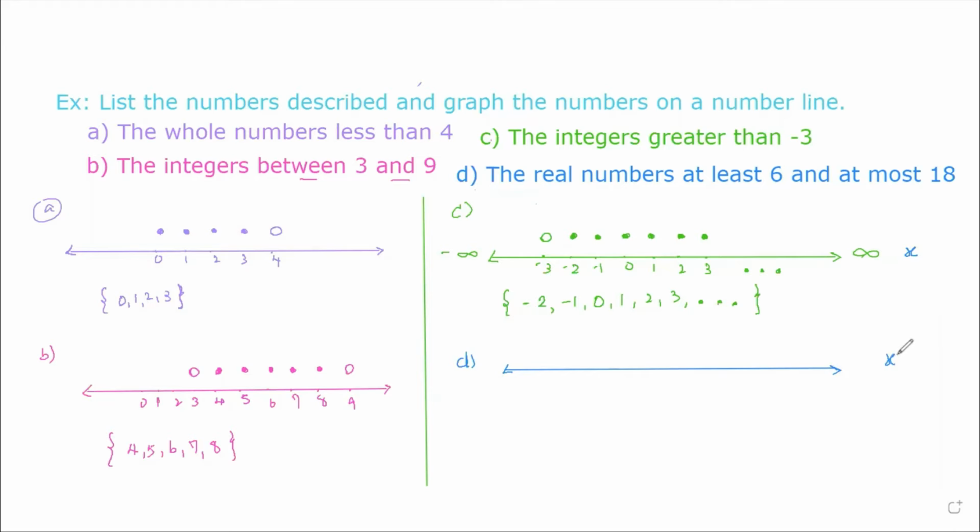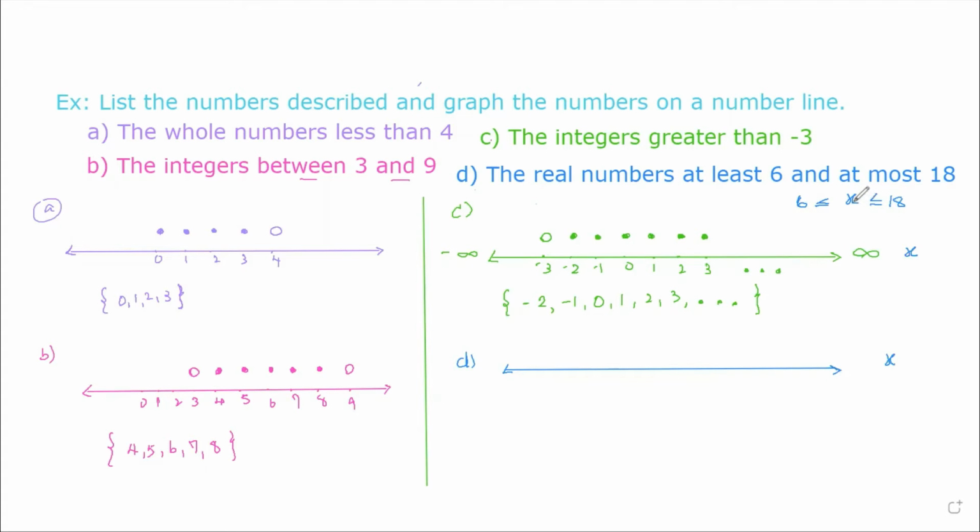X as the variable. So in this case, at most means maximum. Maximum means x can be equal to 18. So the maximum is 18. And at least means it can be greater than or equal to 6, right?